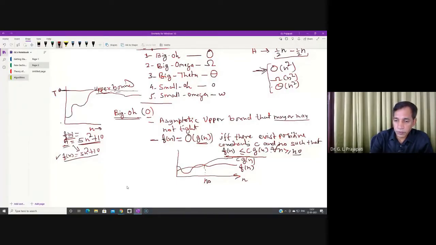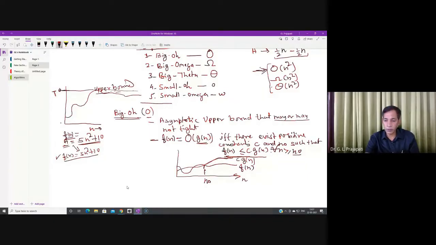So you can say that after the value of n0, the rate of growth of f of n is the same or less as compared with c times g of n. That's why I'm saying that big O notation represents the asymptotic upper bound.